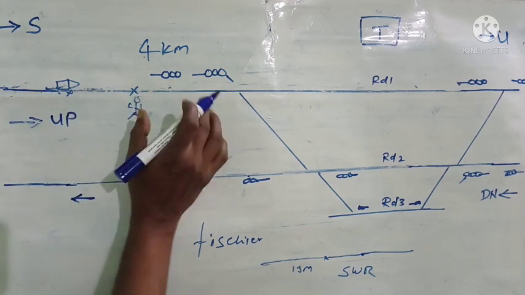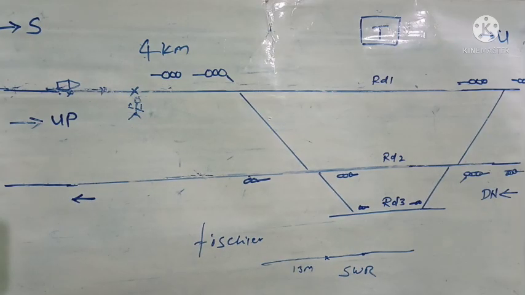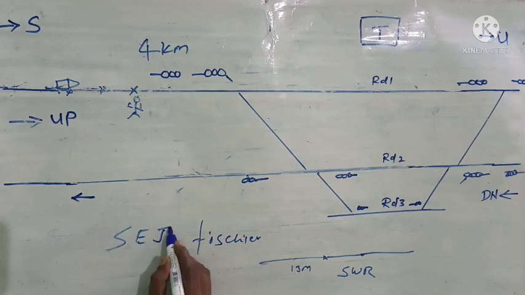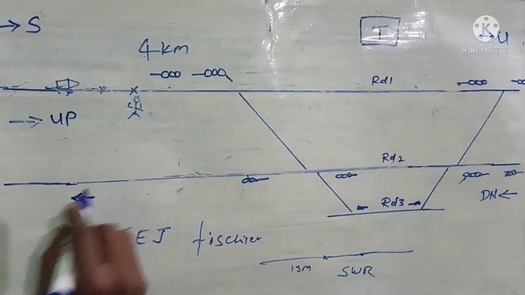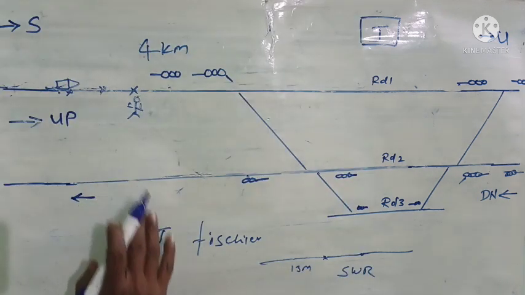In that case, near the station, they will give an SEJ. SEJ means switch expansion joint. So here this is the switch expansion joint. Here both rails will just expand on either side, and there is room given for this expansion. So this is called SEJ.